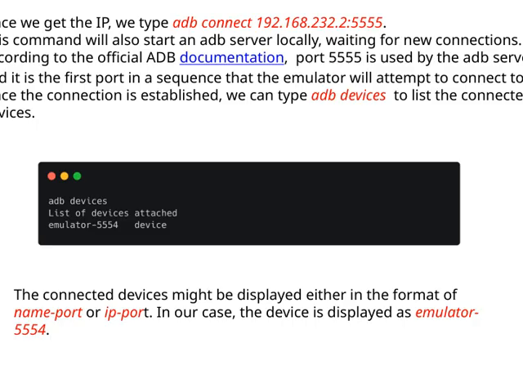In our specific case, the device appears as emulator-5554, which indicates that it's an emulator instance. Understanding this process is essential because it helps us ensure our devices are properly connected and ready for testing or development tasks, tying into the overall theme of managing and controlling multiple devices efficiently.